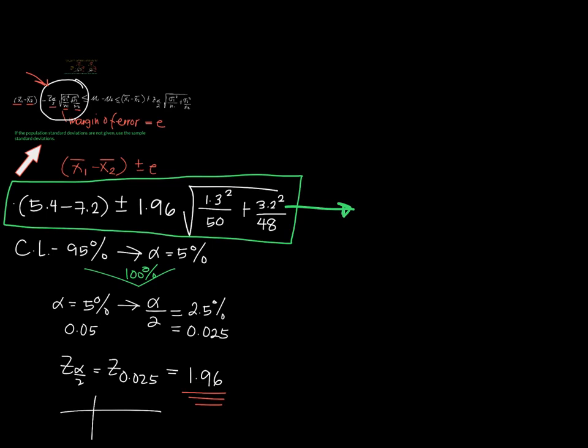Okay, so I'll compute first with my calculator and then I'll write the result. First, my x1 bar minus x2 bar, 5.4 minus 7.2, is negative 1.8. So I have to add or subtract 1.96 times the square root of 1.3 squared over 50 plus 3.2 squared over 48.